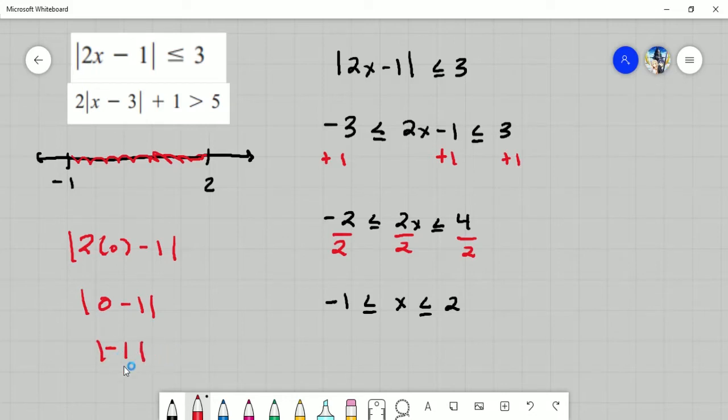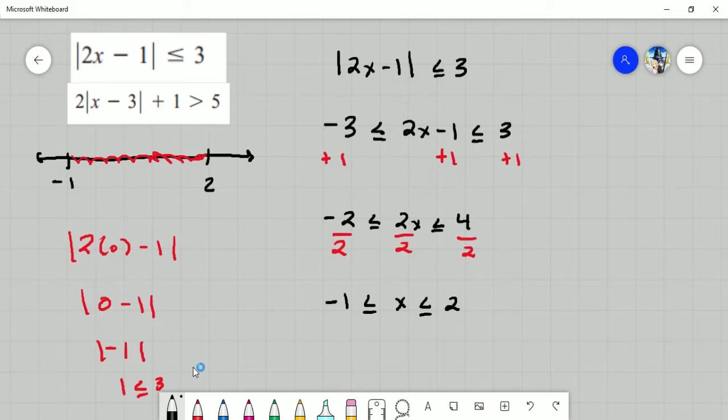And the absolute value of negative 1 is 1. And 1 is less than 3, so it does fit this statement. So that checks out.